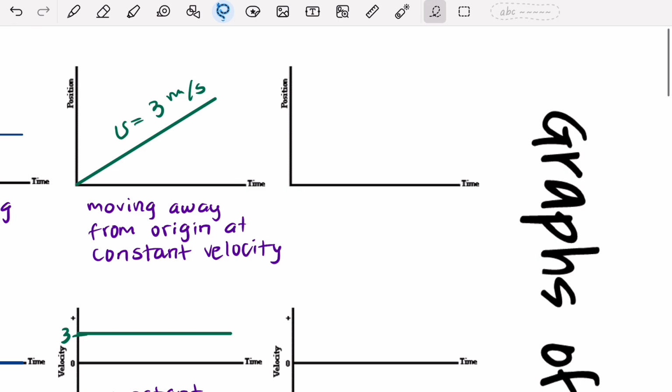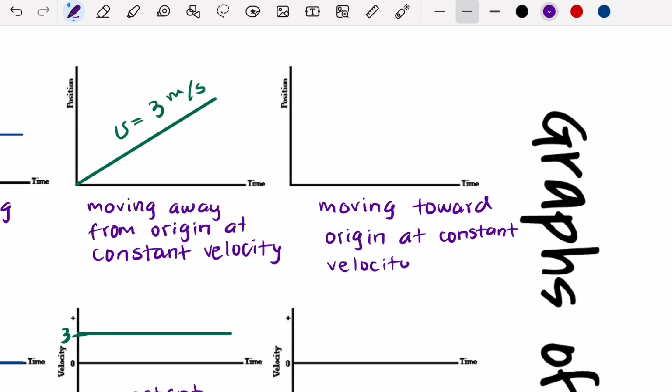Okay, now let's have negative velocity. We're moving toward the origin at constant velocity. So that means the value of our line should go back to the origin. Okay?